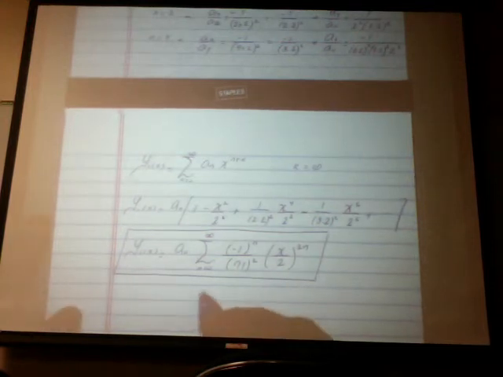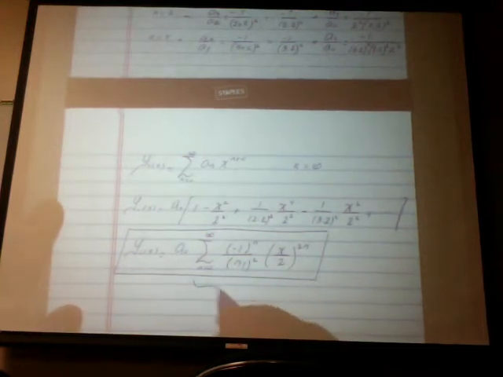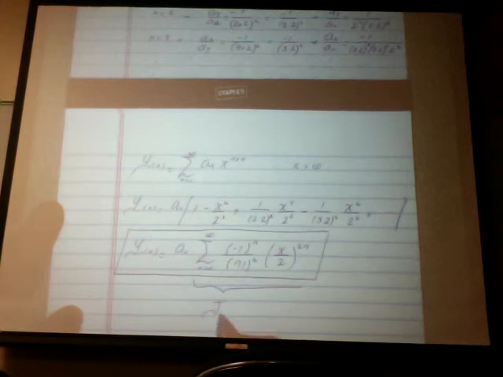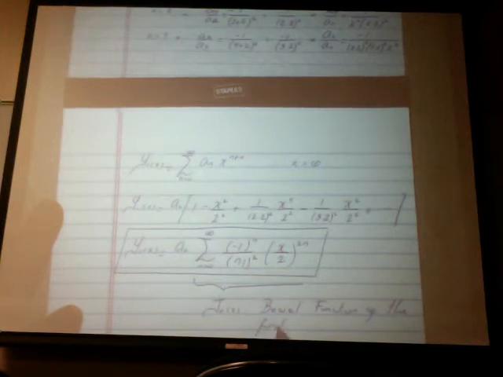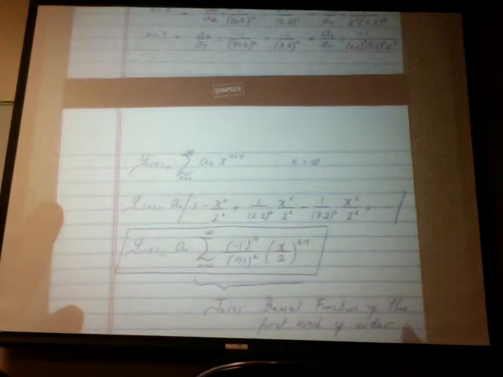So this is called J0 of x, the Bessel function of the first kind of order 0.